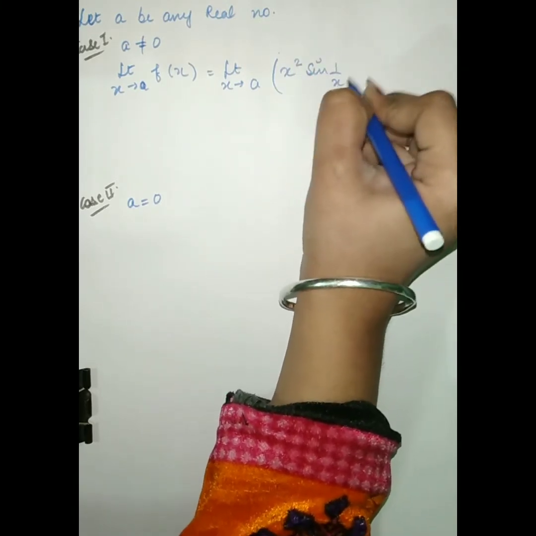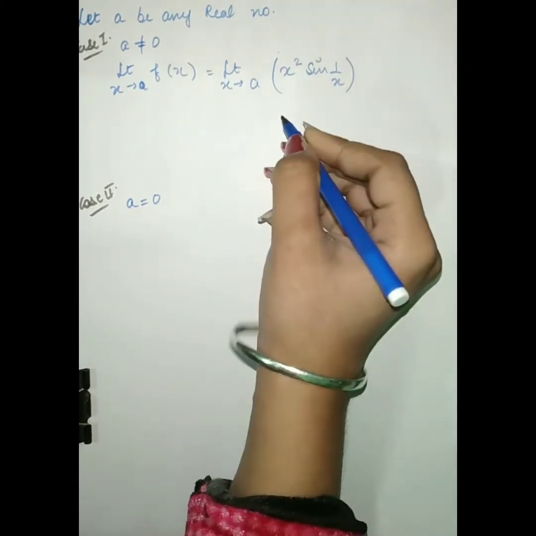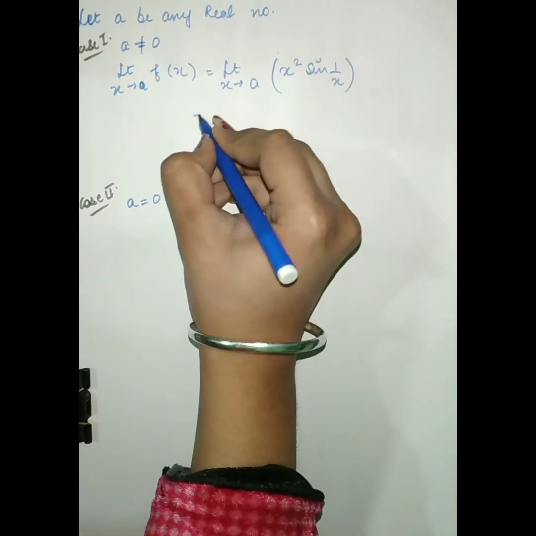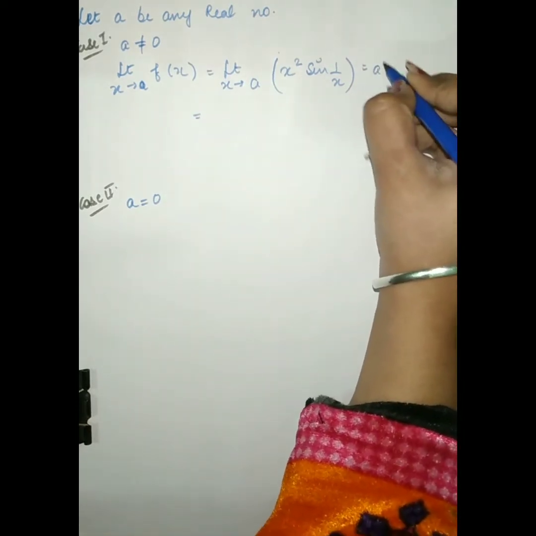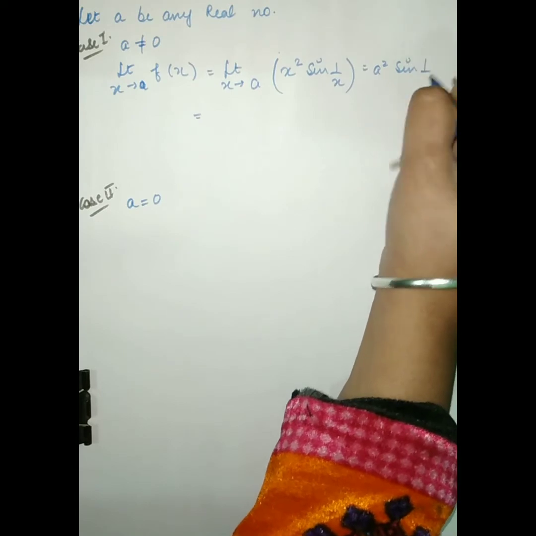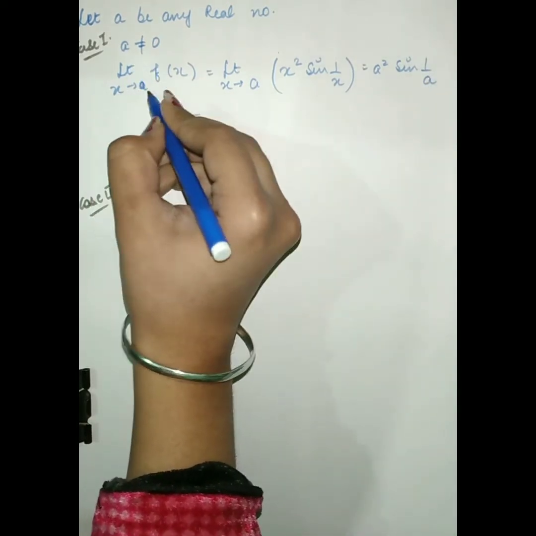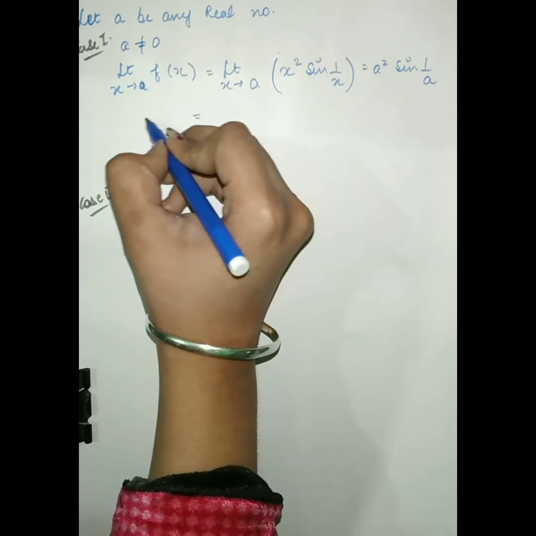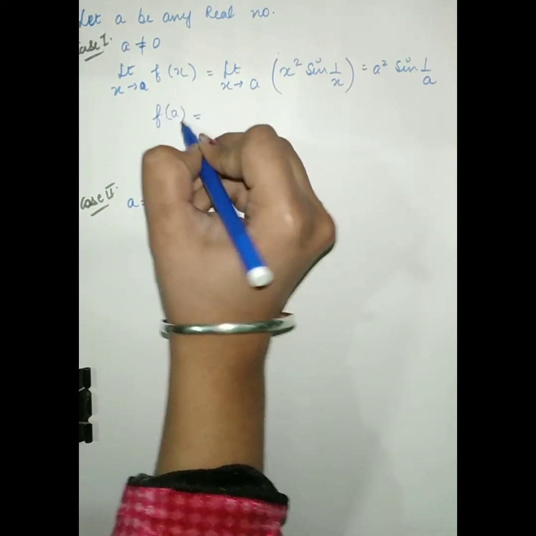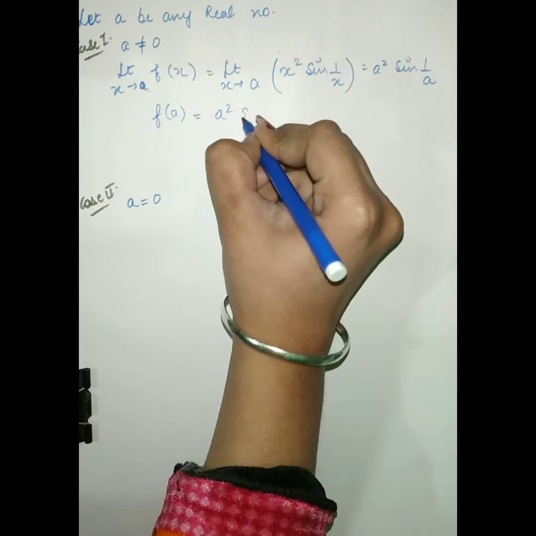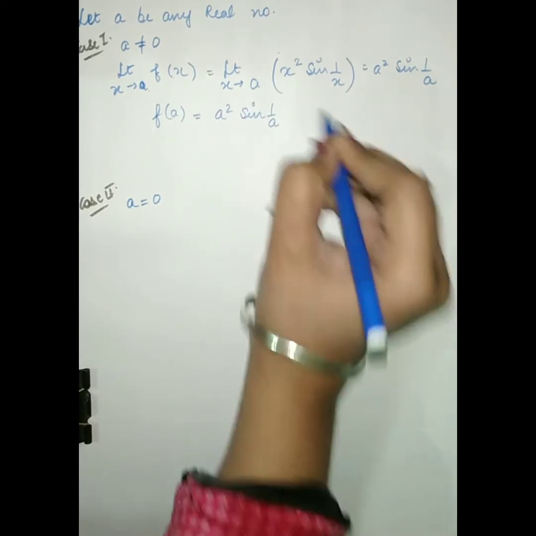This is the given function. Now here we have to put the limit, then we get a square sine 1 by a. So therefore the limit as x approaches a, f of x, becomes f of a, which is equal to a square sine 1 by a.